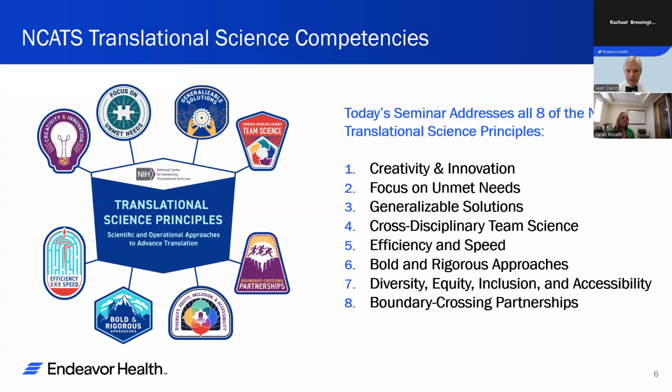It's cross-disciplinary work, and it really is at its core about efficiency and speed to make these decisions in a timely way. It's also bold and rigorous, and it's addressing some major health inequities across our system with our complex care patients, and it's boundary crossing as well. Next slide, please.